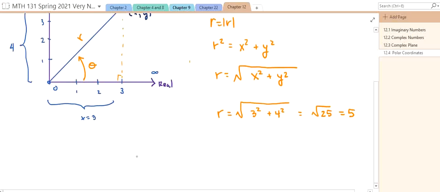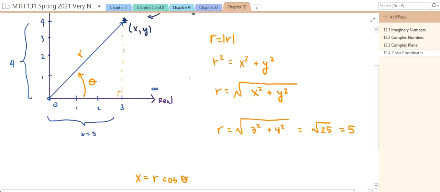And we can also think of this as x. If we knew what r was and we didn't know what x was, look at this. This is adjacent over hypotenuse r. So x over r equals the cosine of theta. So if I multiply both sides of the equation by r, we end up with x equals r cosine theta. And y, the vertical distance of this triangle, is the opposite over r.